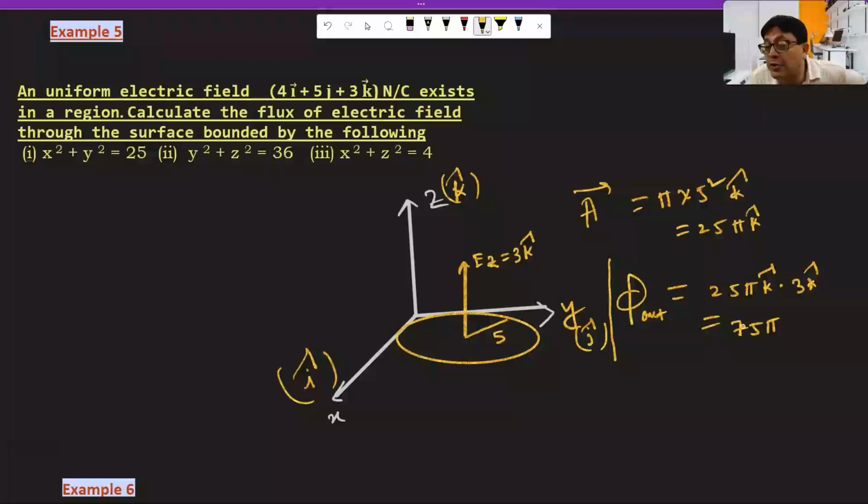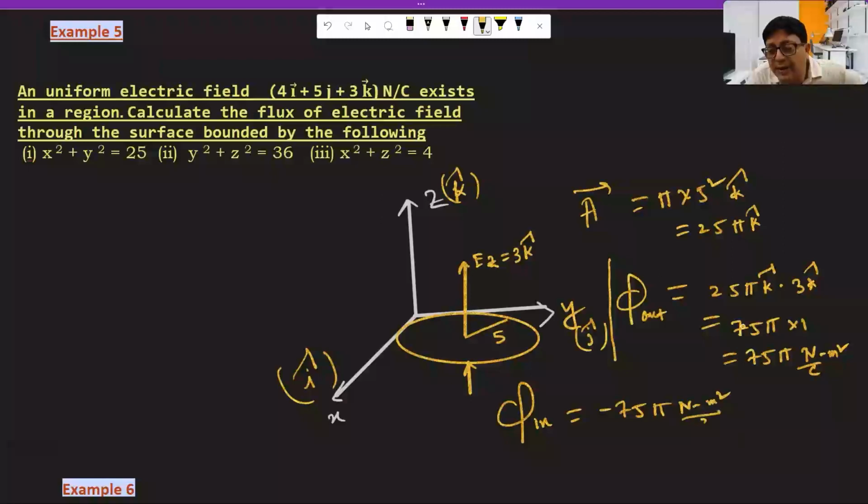The dot product of these two vectors is 1 only, mod k cap square, that is 1. So it is 75 pi newton per coulomb meter square. Done. Phi in will be what? Phi in means this field line is going outward, so phi in will be minus 75 pi newton meter square per coulomb. Clear?